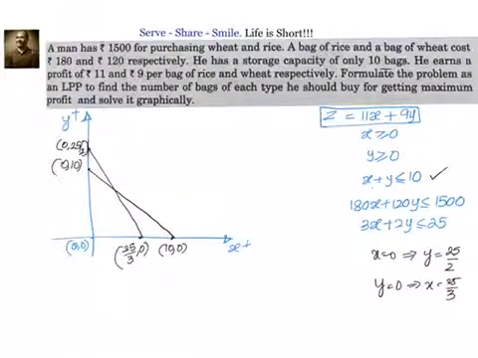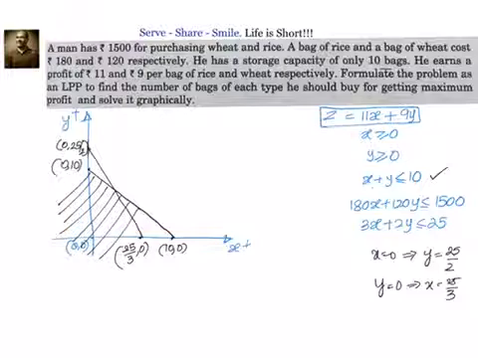That means x plus y less than or equal to 10 will be going in this direction. Now let us look at the next one, 3x plus 2y less than or equal to 25. Again substitute x 0, y 0, we get 0 less than or equal to 25. That means again we need to go to the plane where 0 is there. That means we have to consider this side.